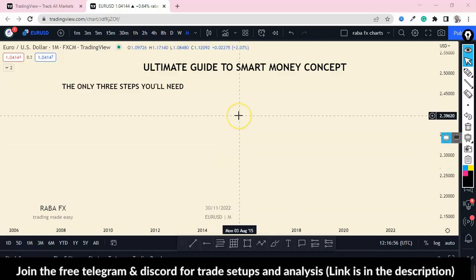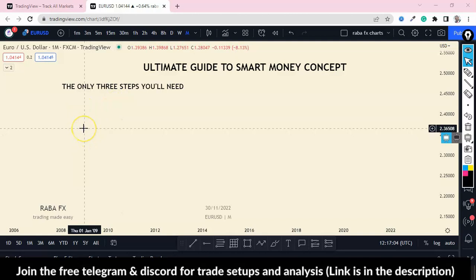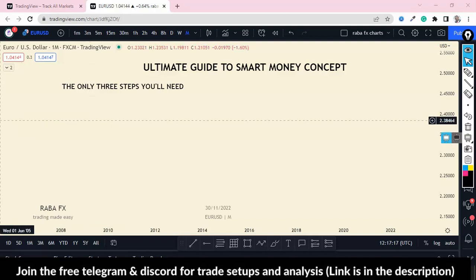First thing first, in smart money concept, you need to understand your directional bias. Our first stage is the stage I call the setup stage, because as a trader you need to have a setup. You want to see something play out before you can start engaging the market. And what are you looking for in this setup stage?